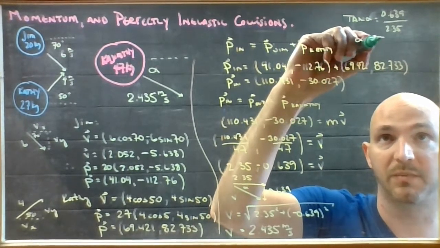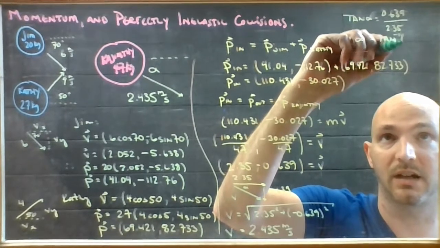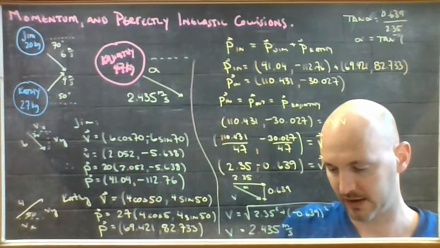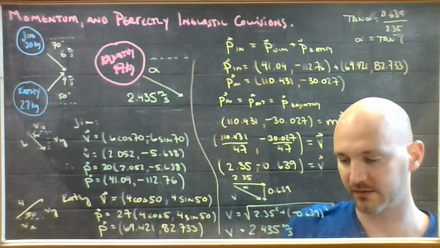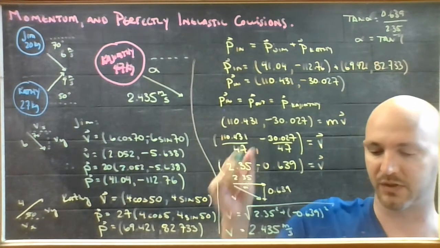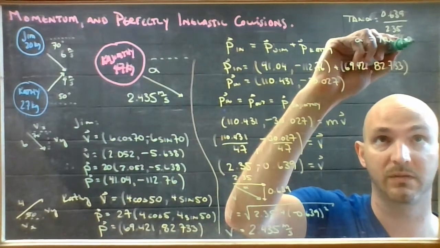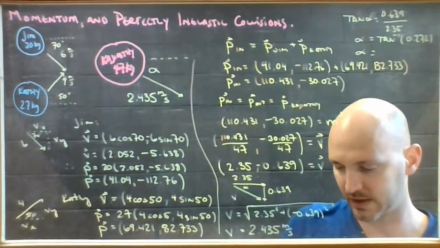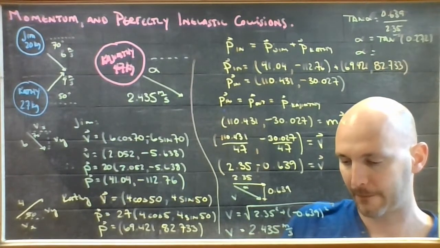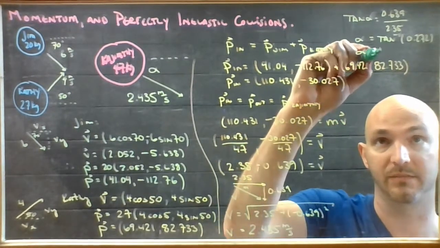So alpha would be the arctan of 0.639 divided by 2.35, which is 0.272. And if I arctan that, I get 15.2 degrees.